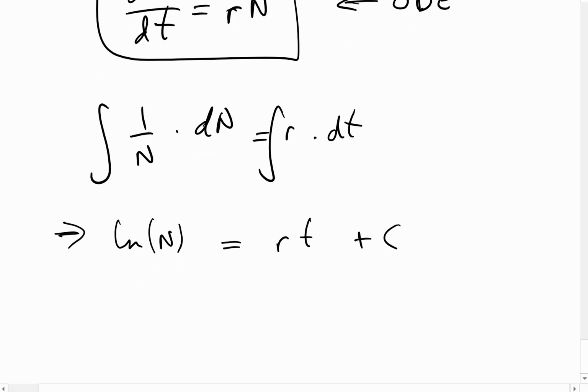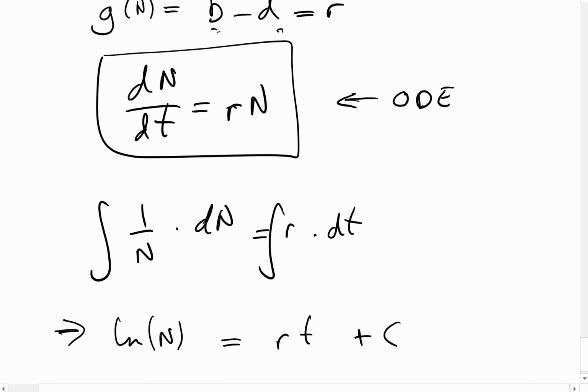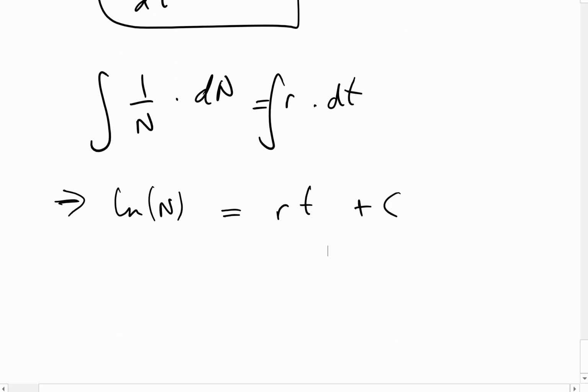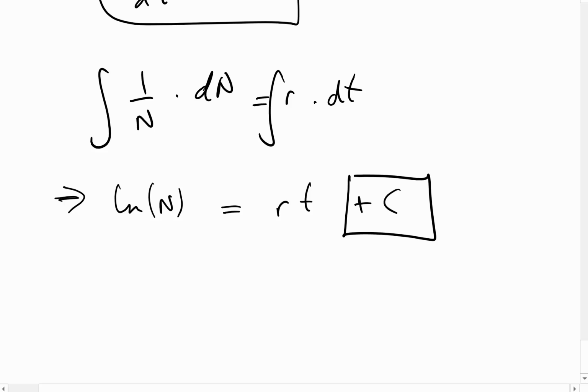So this is now the solution to our model dn by dt equals rn. Now, if we do a little bit of rearranging, actually, the thing which we want to determine is what is our c here?